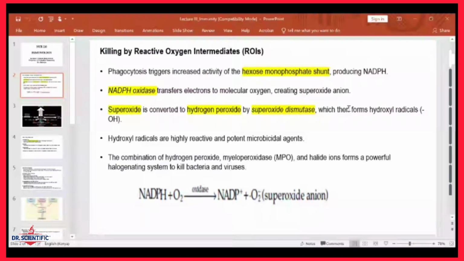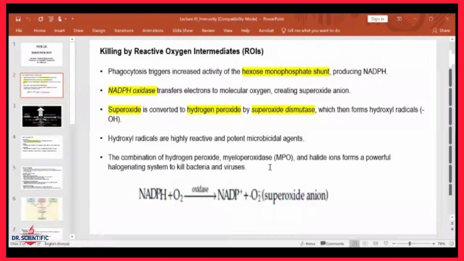This superoxide anion can be converted to hydrogen peroxide with the help of superoxide dismutase, and this is a radical. We can get many radicals from hydrogen peroxide, including hydroxyl radicals. Hydroxyl radicals are highly potent. They are microbicidal, able to kill any microbe, especially bacteria and viruses.